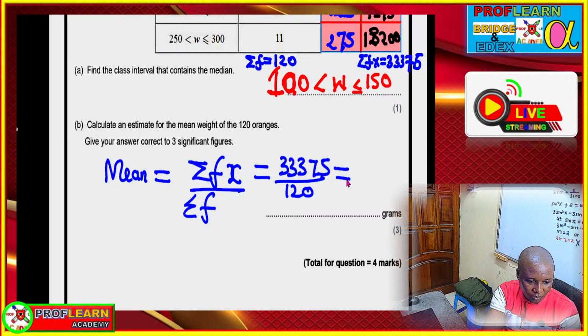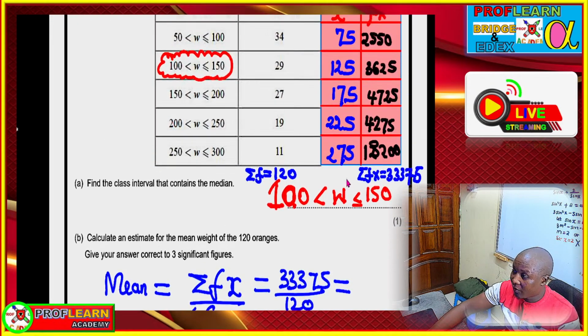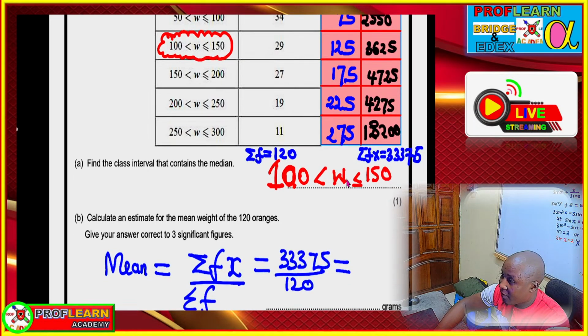Let me just counter check the values that we have here. 2550, 3625, then we have 4725. We have 4275, and then we have 18,200. So if we add everything that we have there, this is going to be 2550 plus 3625 plus 4725 plus 4275 plus 18,200.